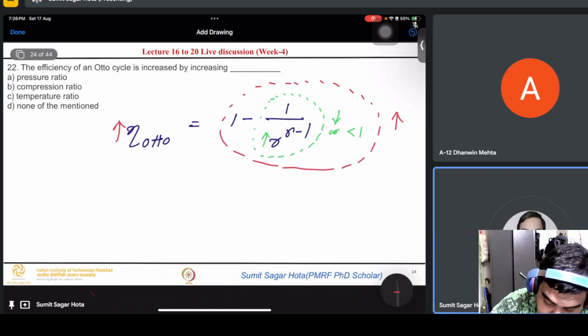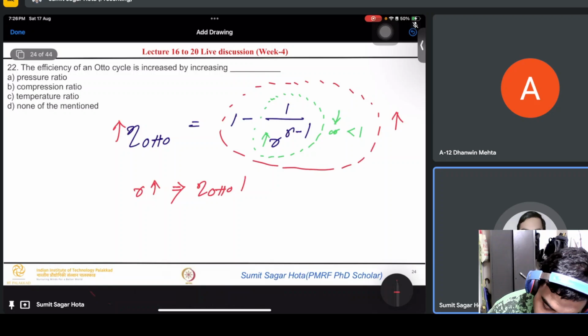So by increasing r, the compression ratio, the Otto cycle efficiency will increase.